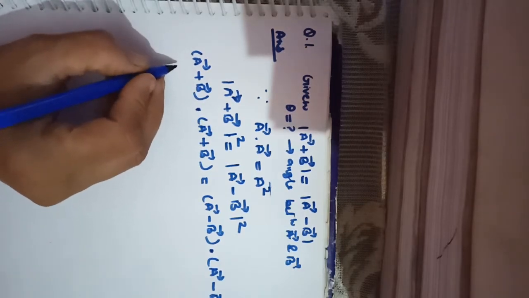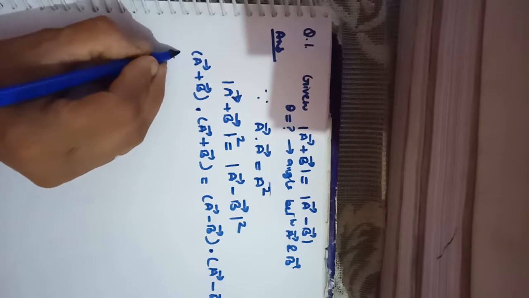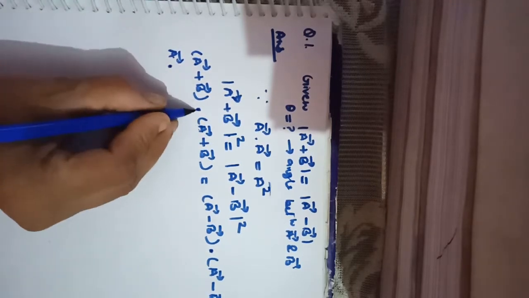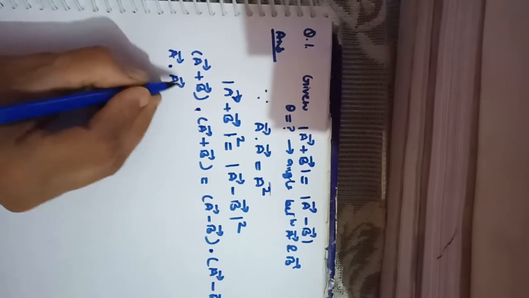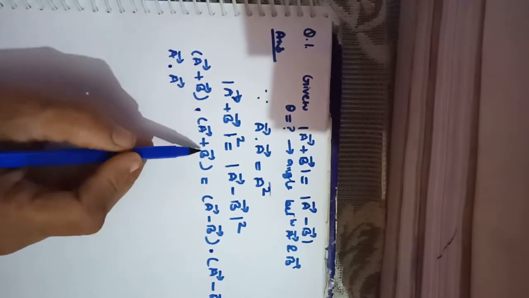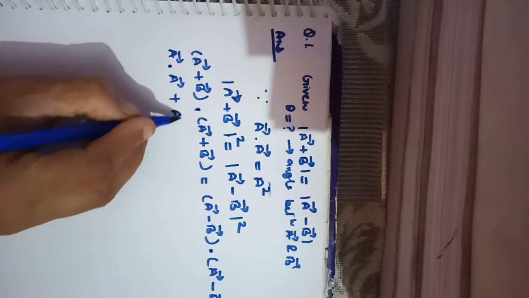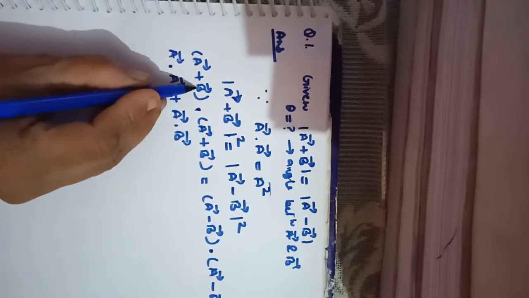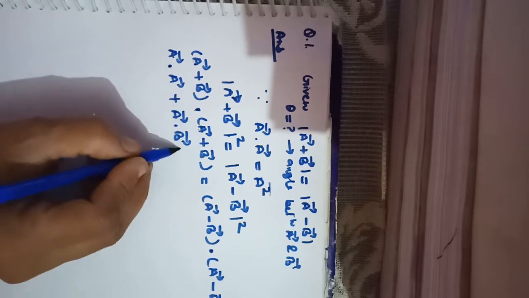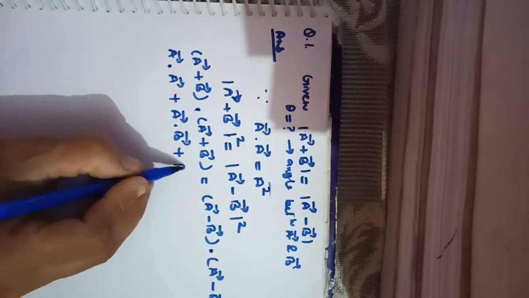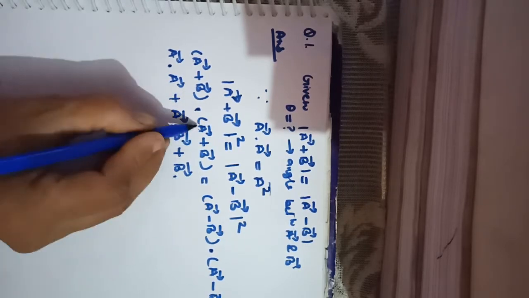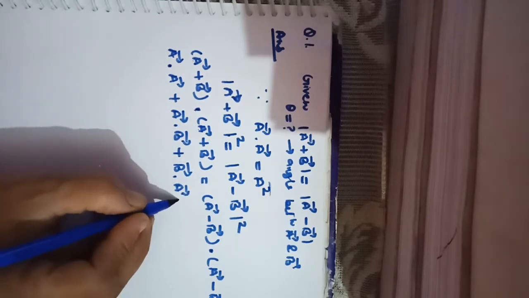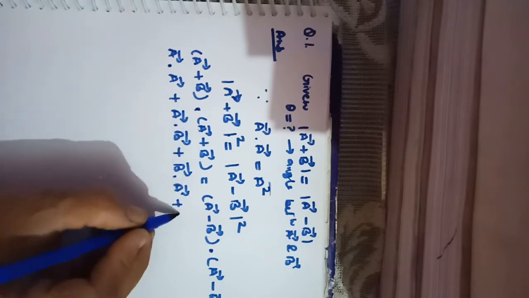So see, a dot a, similarly a dot b plus a dot b. Now take the product of the b vector with this bracket: plus b dot a, and plus b dot b.